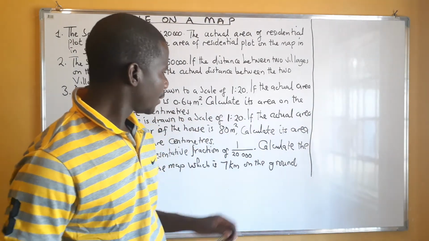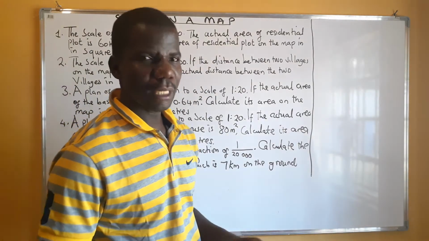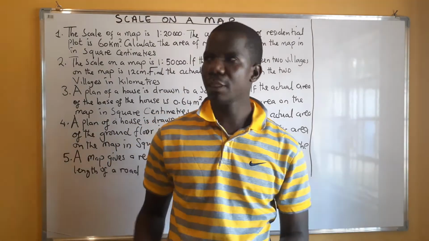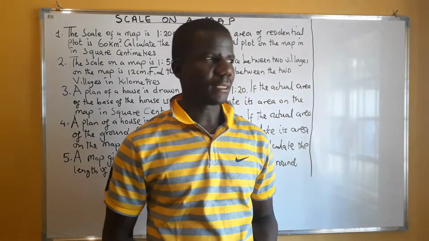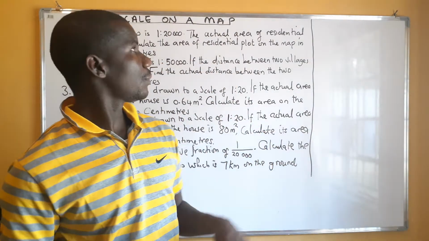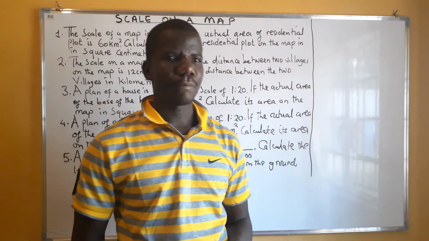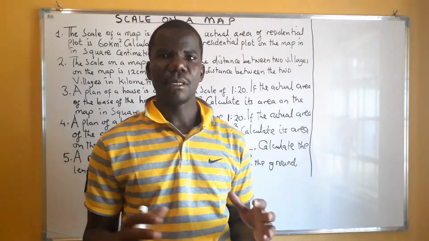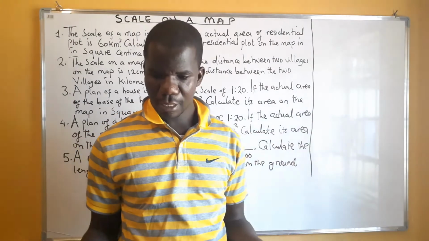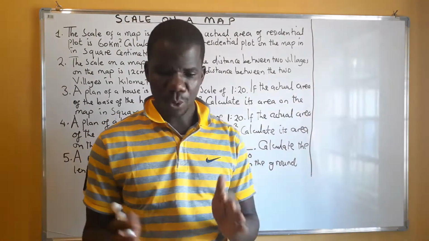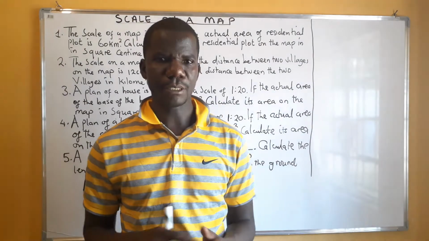Okay, so now let's look at scale on a map. What is it that is involved in this topic? This topic is congruence and similarity, but under this subtopic we are talking about scale on a map. Even the map of Zambia can be compressed on a page, but we know that the map is bigger than the space it occupies on a page.